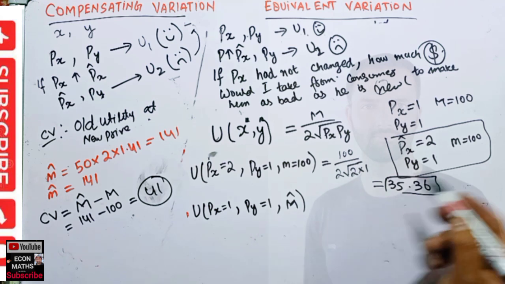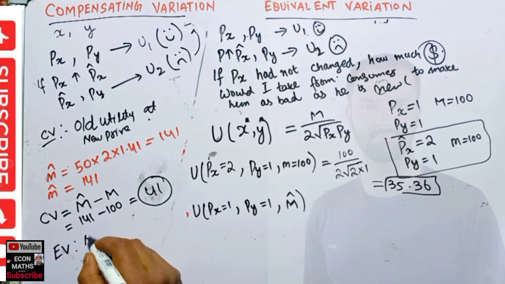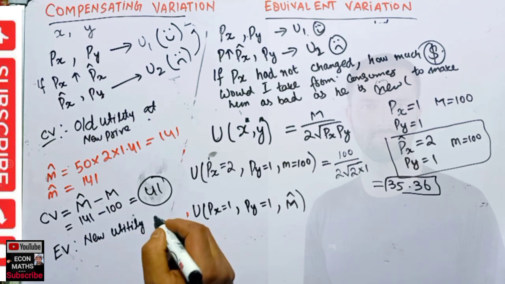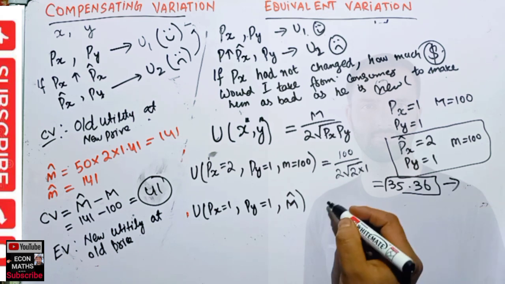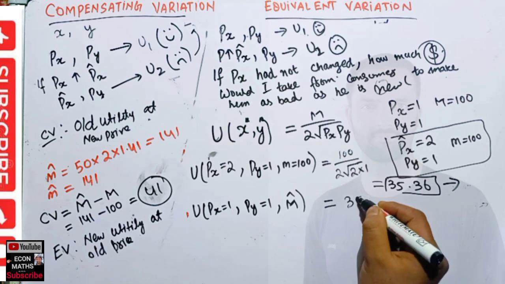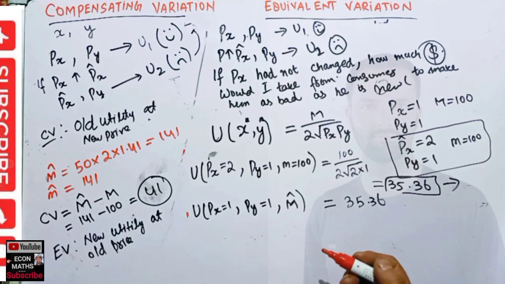That means in case of equivalent variation, we solve it for new utility at old price. Now new utility is 35.36. We solve it for old price and income, and we need to see how much income we need to take from the consumer.